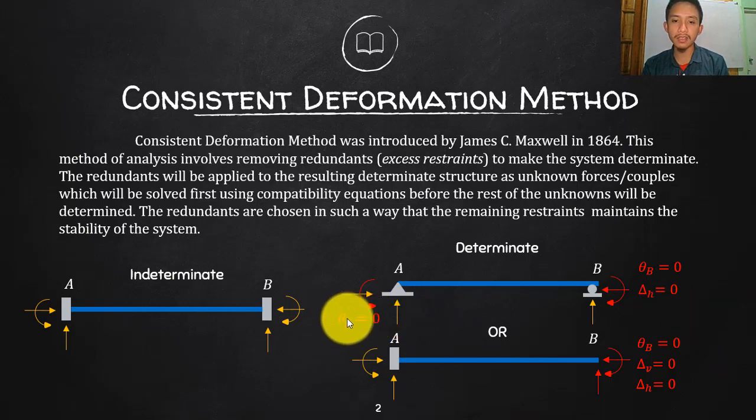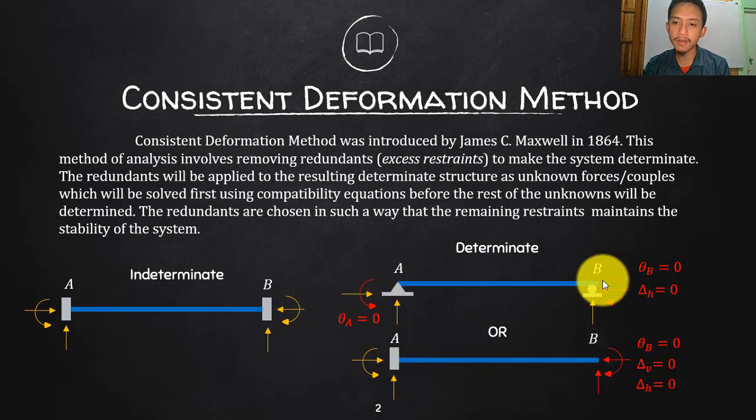So using theta A equals 0, one compatibility equation, theta B equals 0, another compatibility equation, and of course delta h at point B equals 0 also. This is the third equation. Using these 3 compatibility equations, we can solve for the 3 redundants. Once we know the values of the redundants, we will apply them as forces.